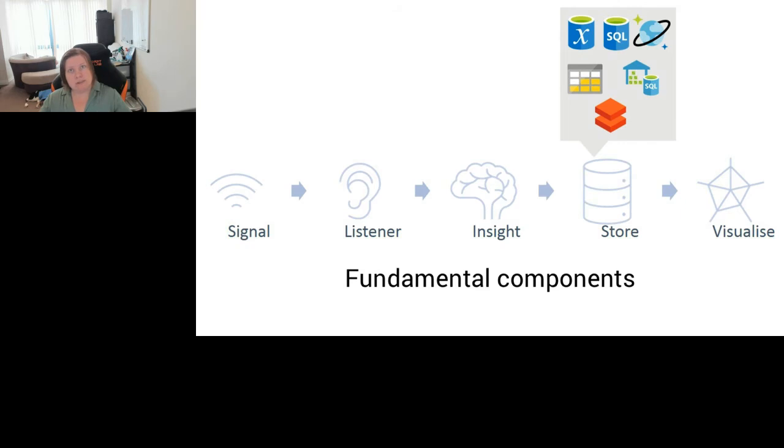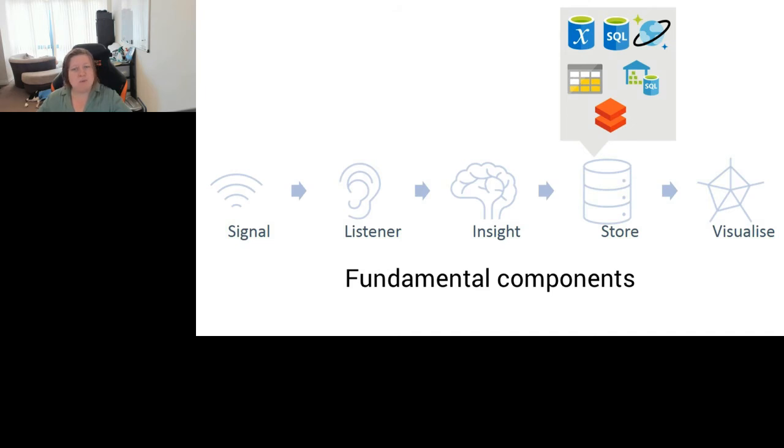SQL Data Warehouse, now called Synapse Analytics, is also an option for storing large volumes of data. And you can also store data inside Databricks with the Databricks file system, or bring it into Azure Data Lake and feed that data into Databricks.